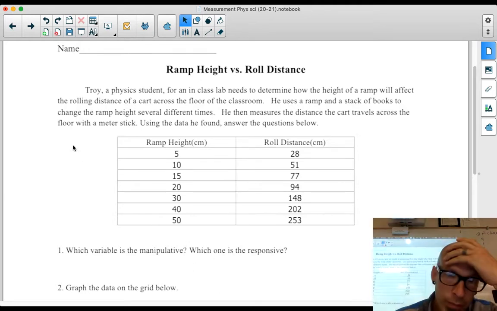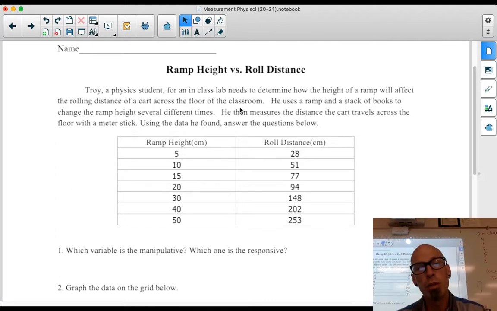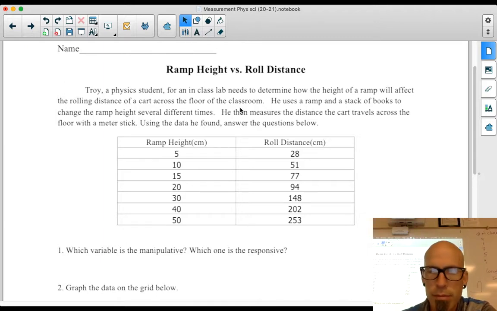Now, I'm going to remind you that as you read the descriptions here, to determine which one is manipulative and which one is responsive, you have to read the description as to what it's telling you the experimenter is doing.